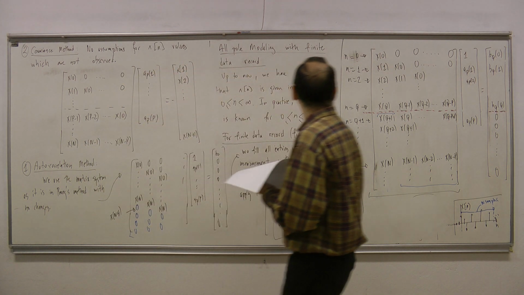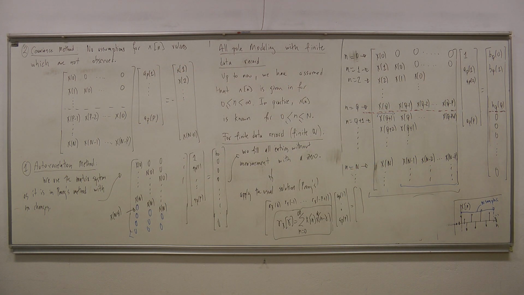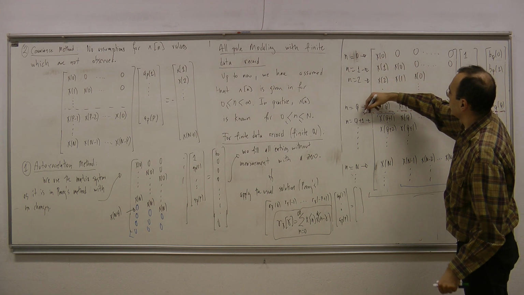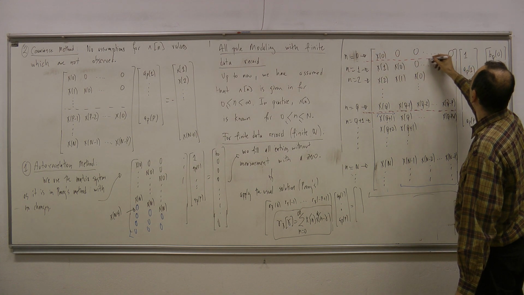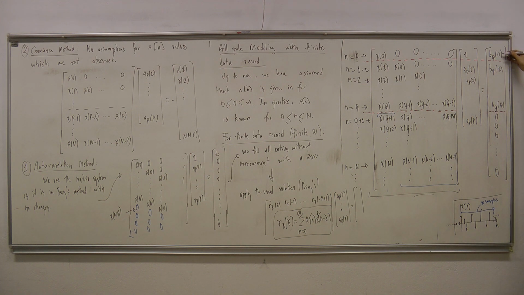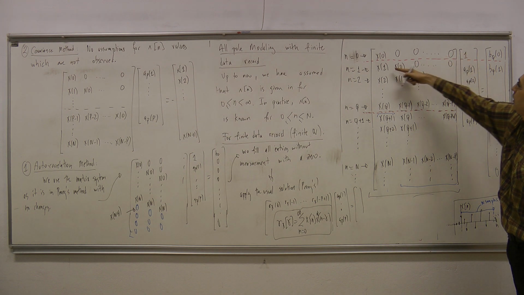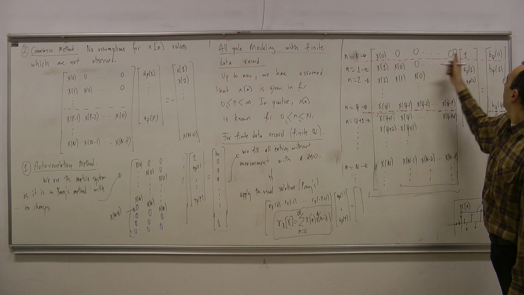So what is this matrix? As I have said, for all-pole modeling, we are moving this red line over here, because q is equal to 0, and starting from q plus 1, I have zeros all over here.